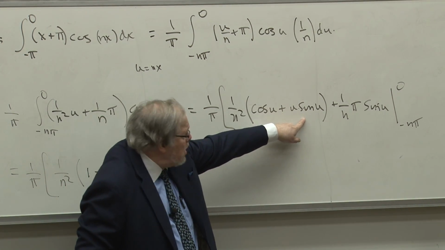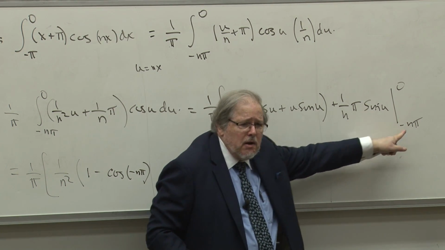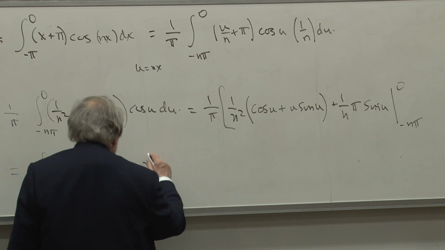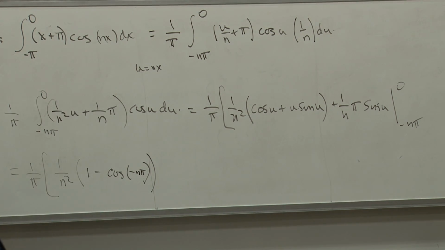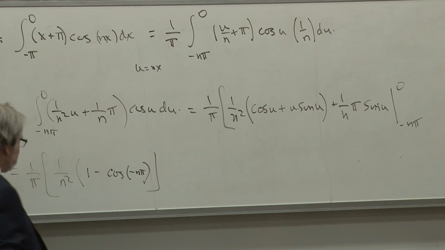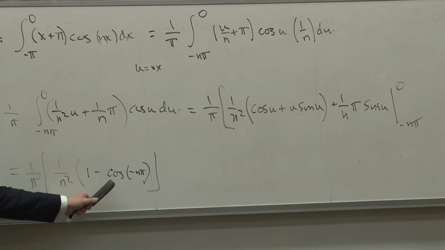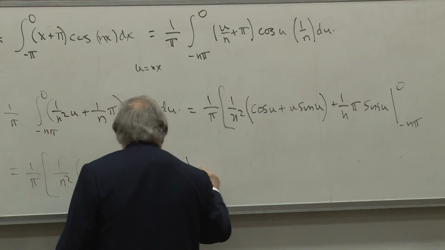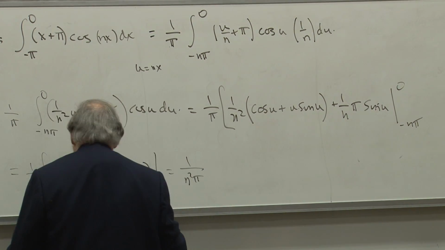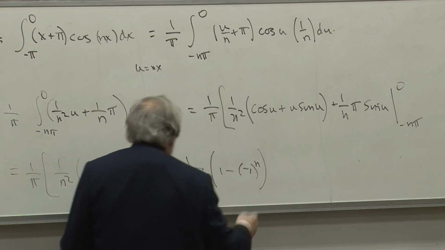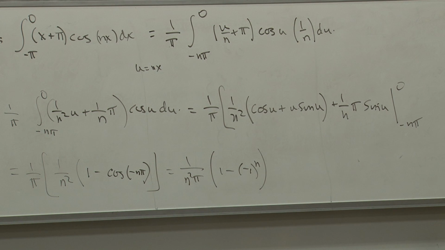The sine of n pi, sine of a multiple of pi, is 0. The cosine's an even function, so cosine of negative n pi is the same as cosine of n pi. And this comes out to 1 over n squared pi times 1 minus negative 1 to the n. The cosine of n pi is negative 1 to the n.